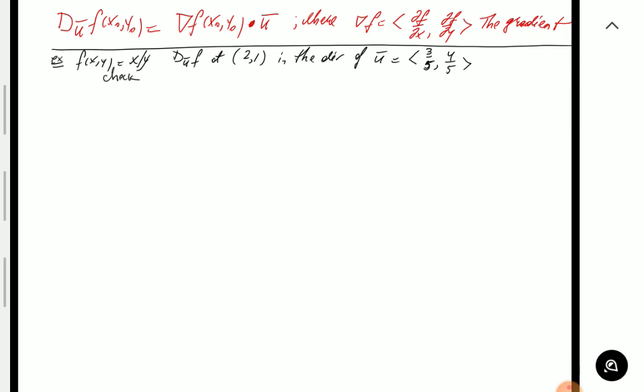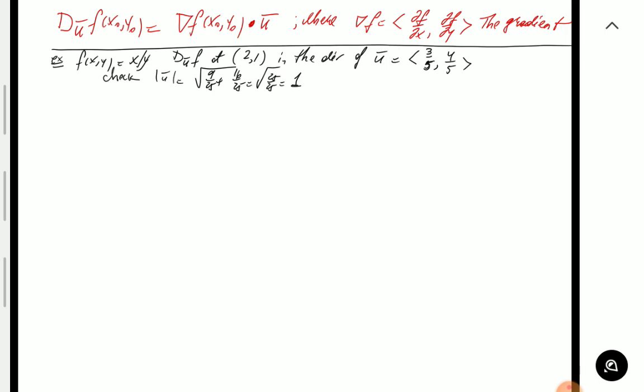If it's not, we're going to make it of length 1. So let's see. The magnitude of u is the square root of 9 over 25 plus 16 over 25, which is 1. So there's no need to modify anything, and we can proceed with the formula.